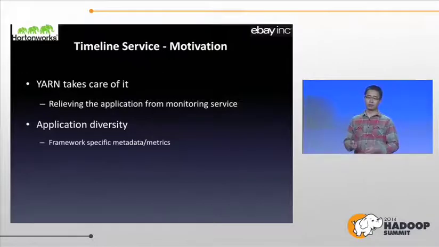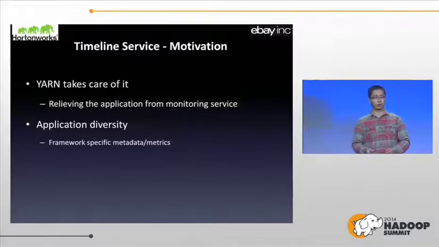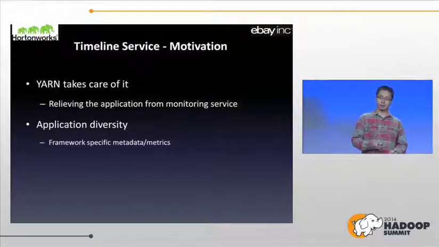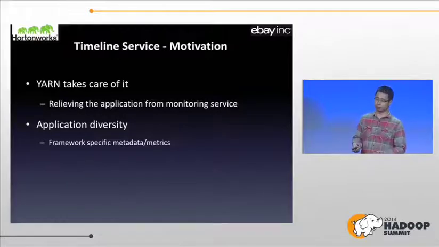They want to put this information into some place for later usage. So for these 2 reasons, we want to make a timeline server to give users the option to upload the application-specific information, in addition to the service we already provide to users to get the general application information.